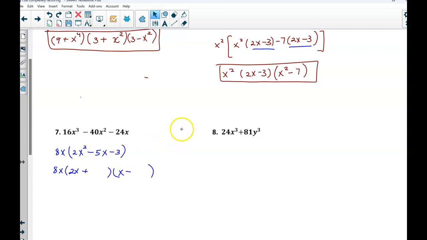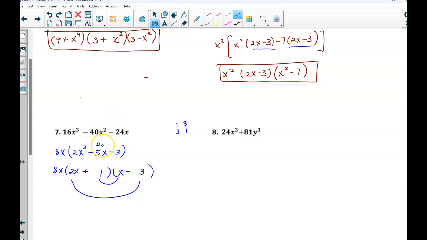My last term is either going to be 1 and 3 in the parentheses or 3 and 1. I'm going to try 3 and 1. Now, when you do trial and error, you actually have to test that when you multiply out the inner and the outer, the sum of those products add to negative 5.